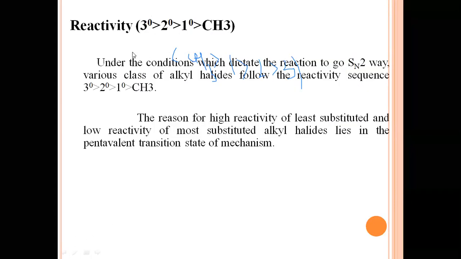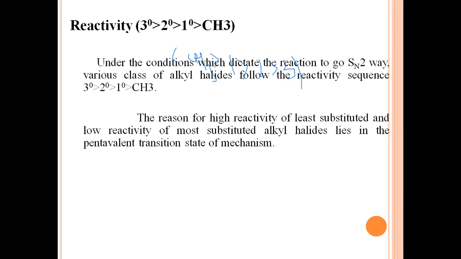Under the conditions which dictate the reaction to go the SN2 way, various classes of alkyl halide follow the reactivity sequence: tertiary less than secondary, less than primary, and less than methyl. Not the other way around.